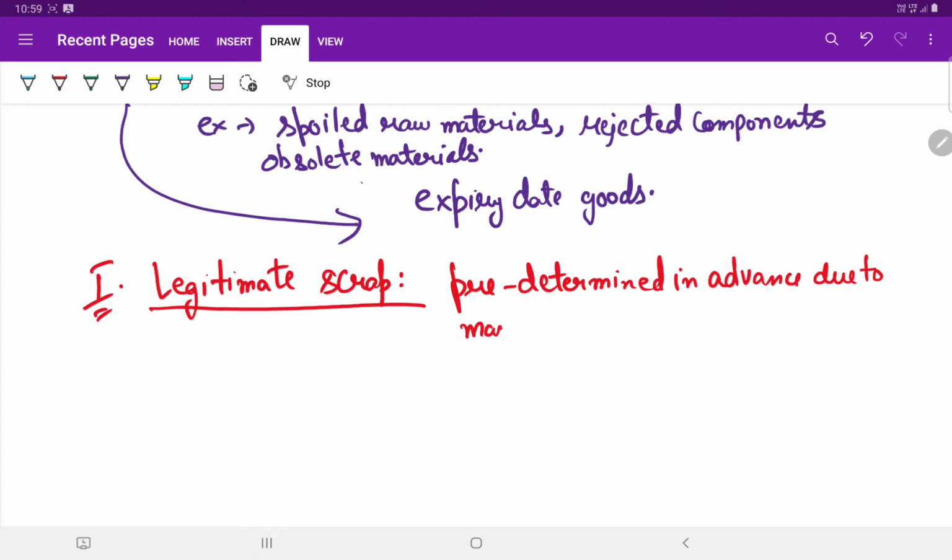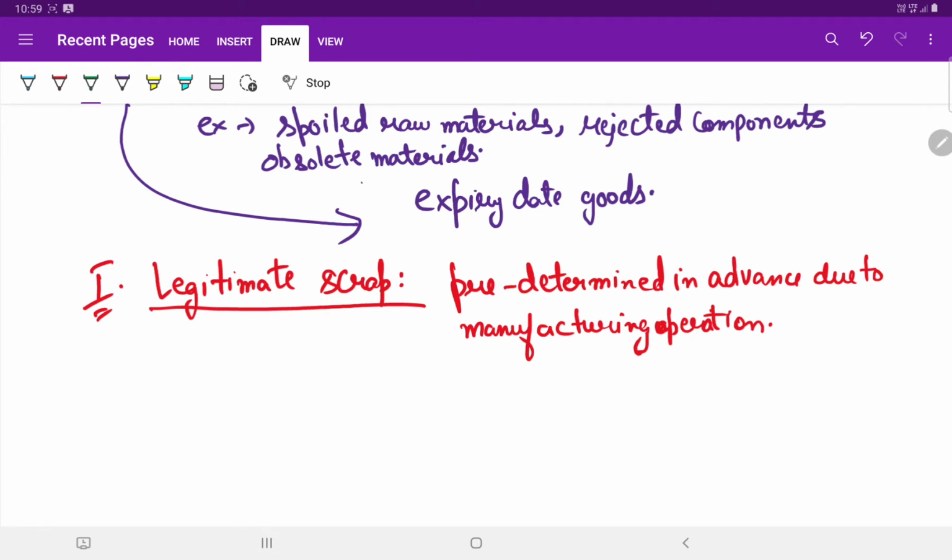We can pre-calculate it before carrying out any manufacturing process. For example, the material obtained in the form of fine granules and powder in the granulation process.